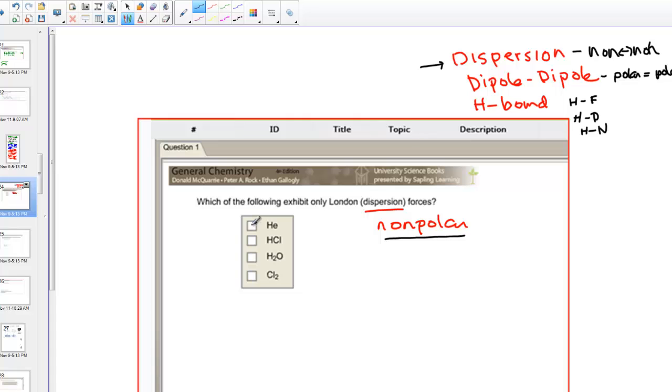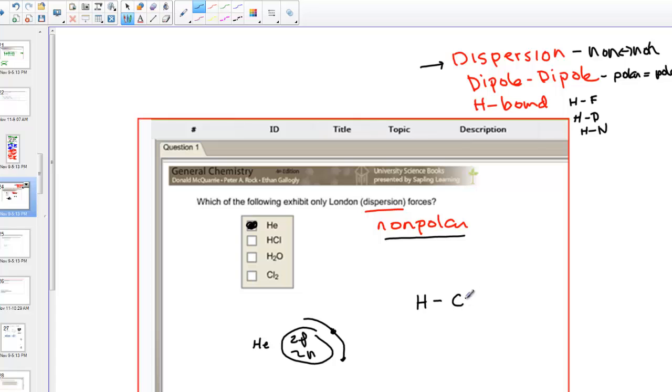Alrighty. Helium is just a simple atom. It has an even distribution. Remember what helium looks like: just 2 protons, 2 neutrons sitting in a nucleus, and outside we'd have 2 electrons moving around in the orbital, evenly distributed so that its electron cloud would be nonpolar.